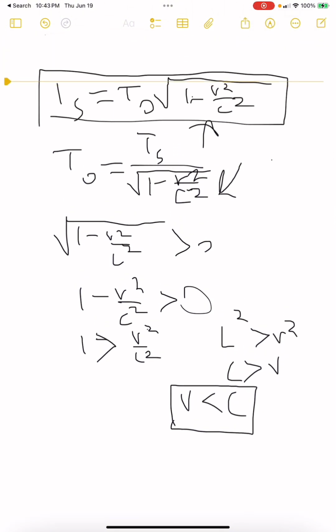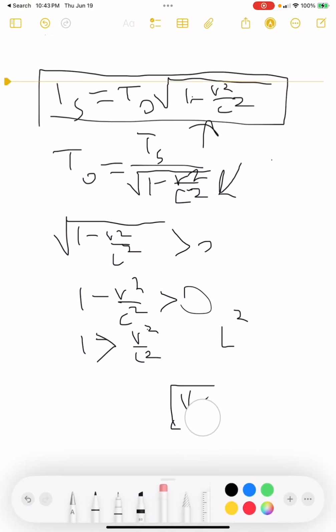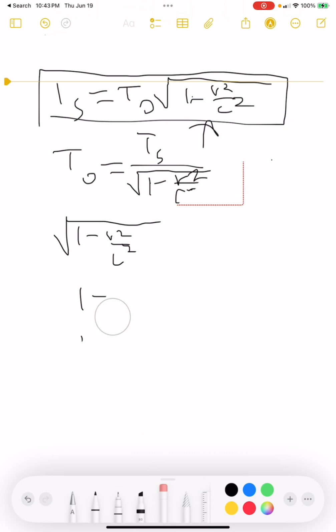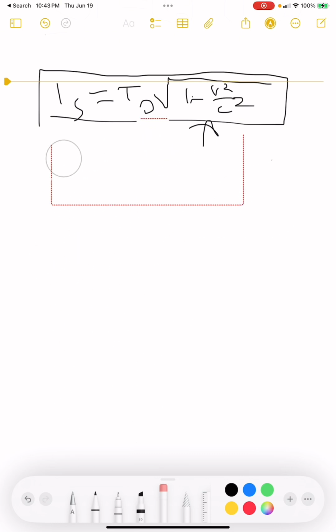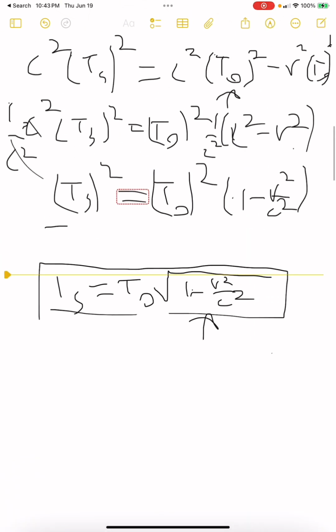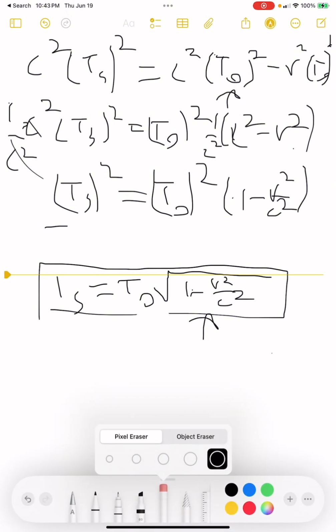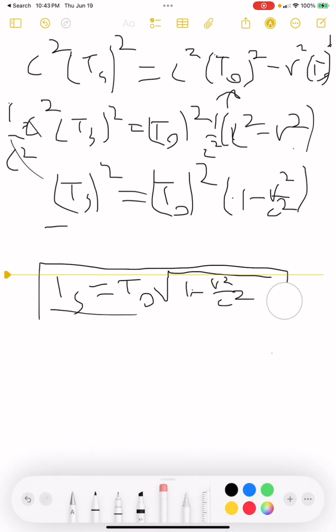We can do a little bit of a bonus calculation here just to show how this formula works.